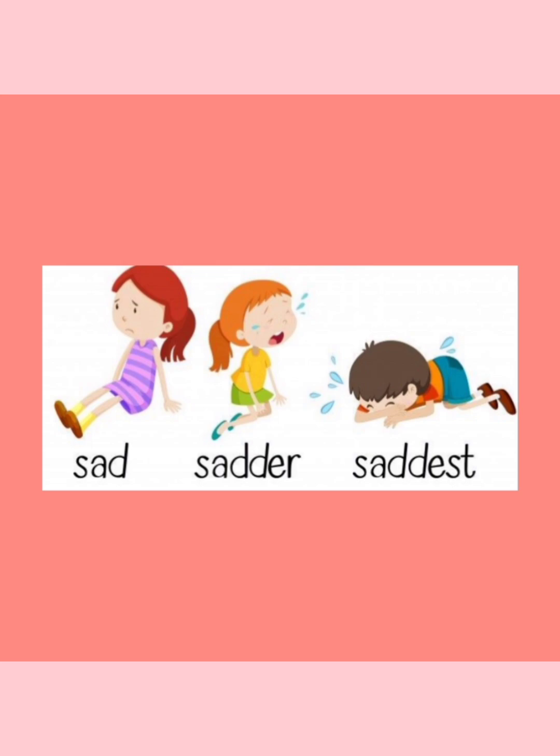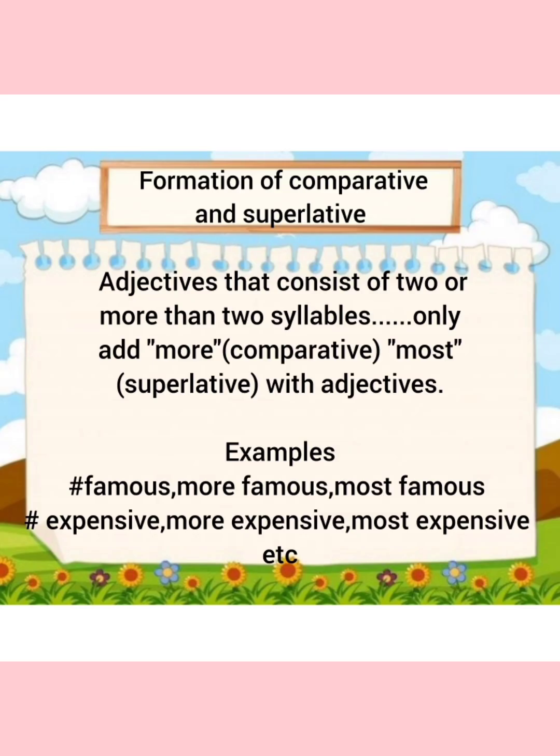Now formation of comparative and superlative adjectives. Adjectives that consist of two or more than two syllables. What we do, we only add more in the comparative degree and most in the superlative degree with adjectives. For example, famous.